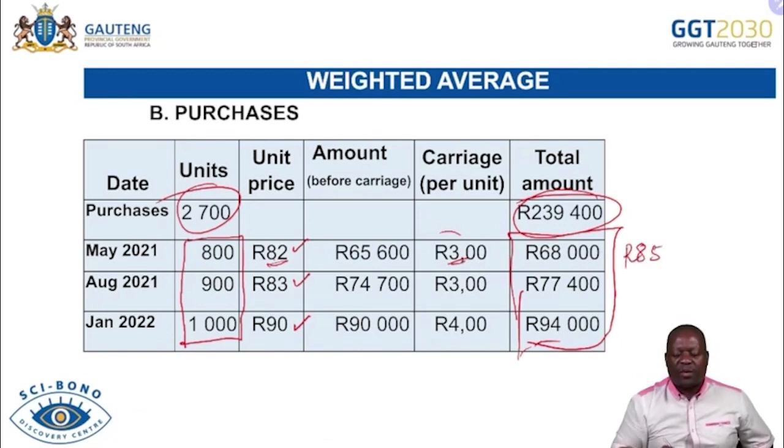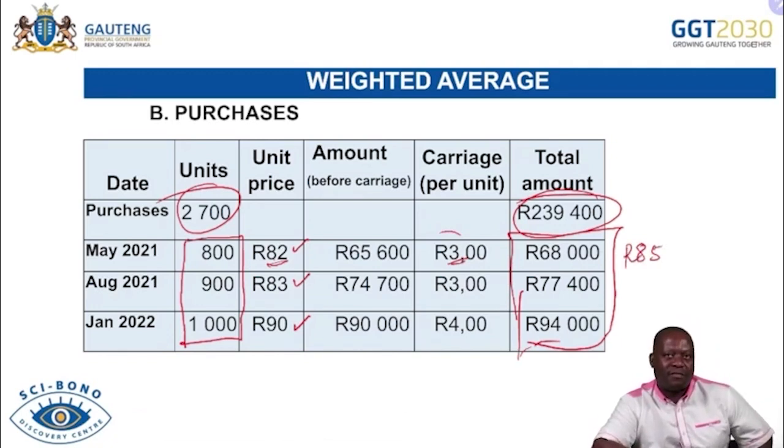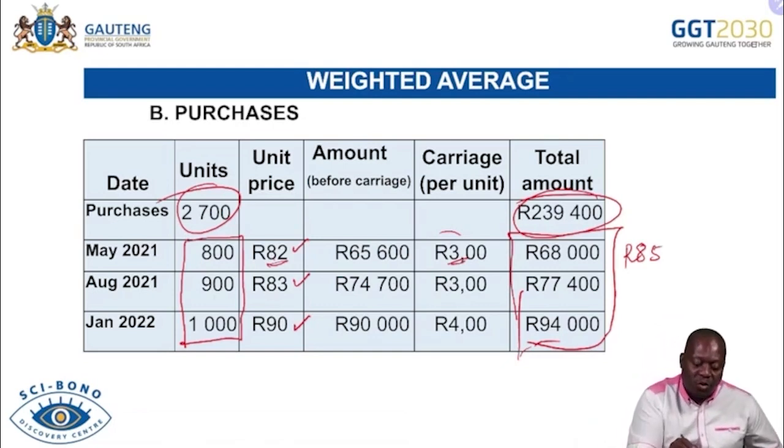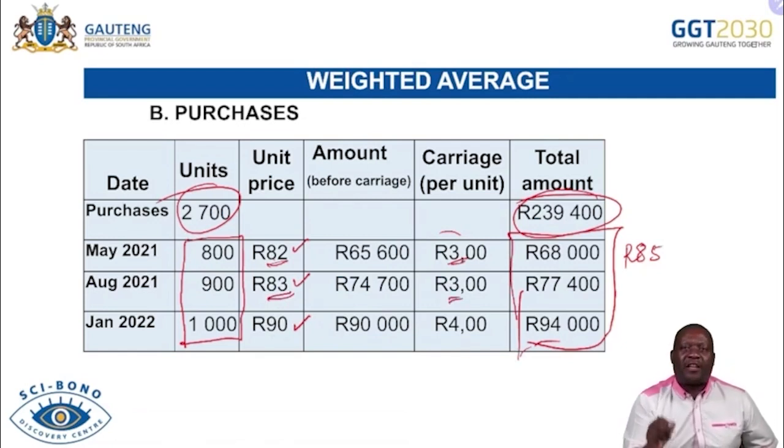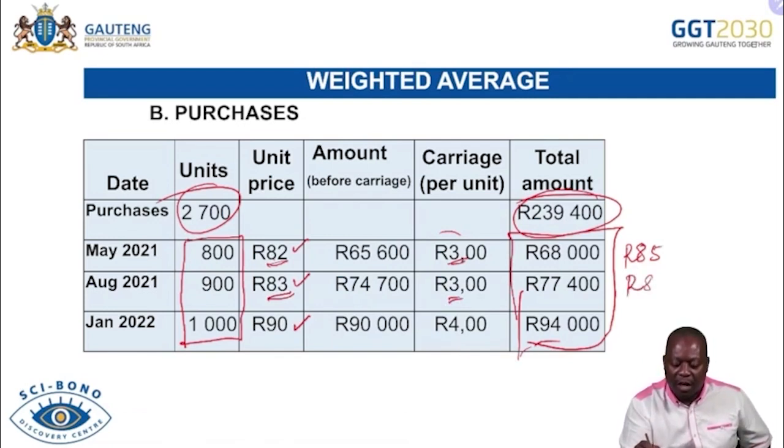I guess you can see what I'm trying to drive at. Very important. And then when it comes to the August batch, we bought each item for 83 rand and we added 3 rand per unit to carry. It means each unit ended up costing how much? 86 rand. 83 for buying it, 3 rand for carrying it.